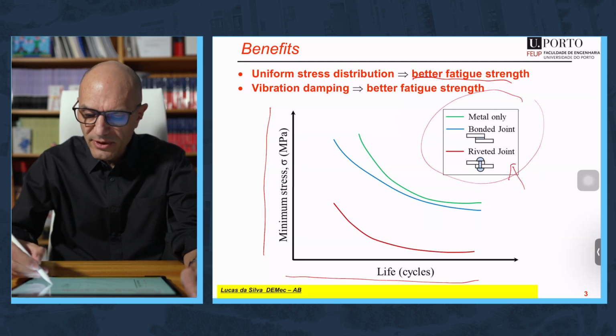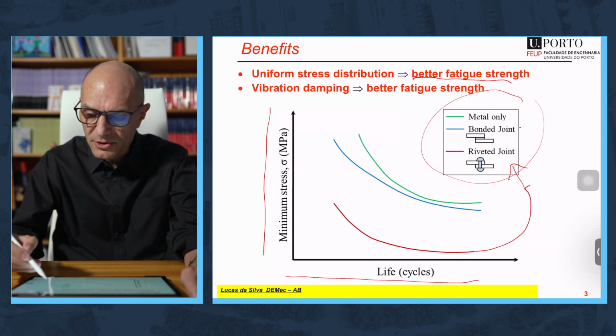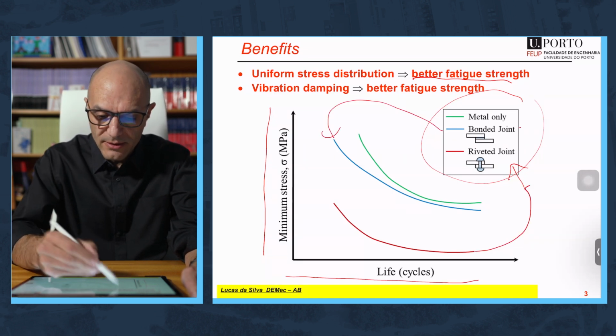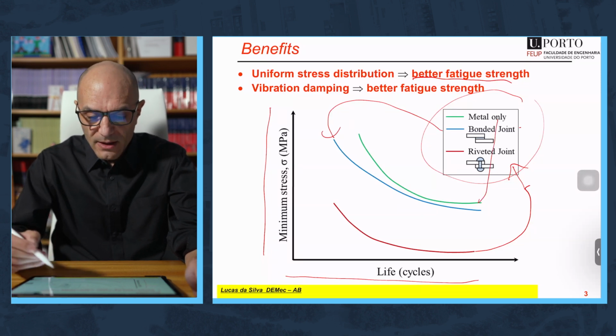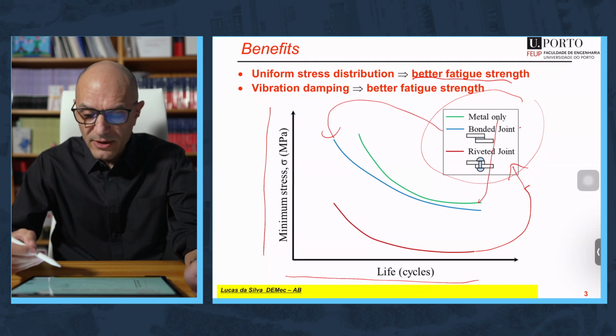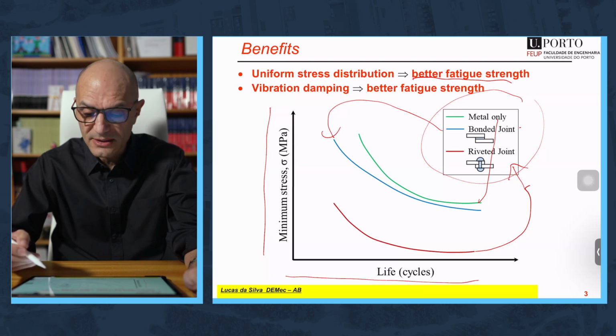You have the case of the riveted joint, which is here. Then you have the case of the bonded joint, which is the blue line. And then you have the case of the metal only. There is no joint, basically, and it's the green curve. So what we can say really is that the bonded joint is nearly as strong as the case where you don't have a joint at all. So very, very impressive.